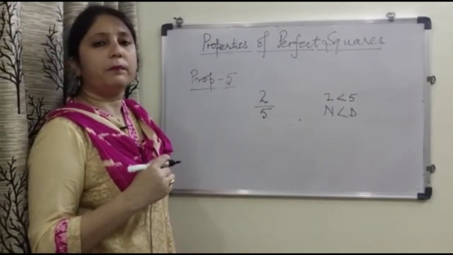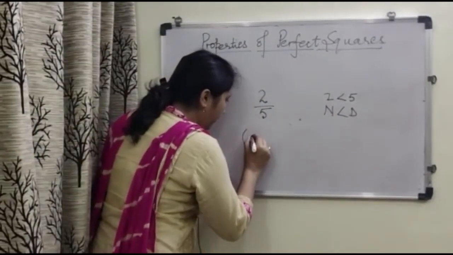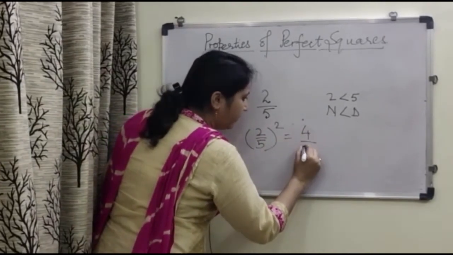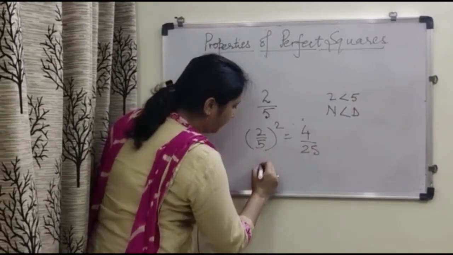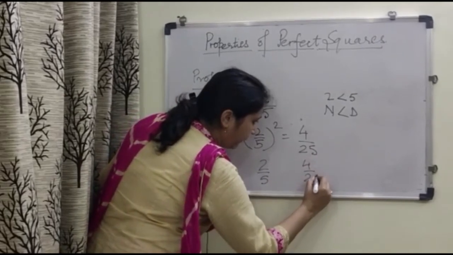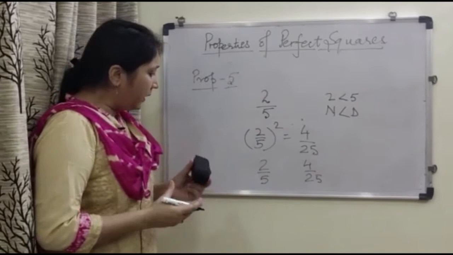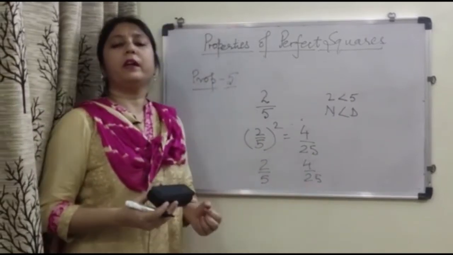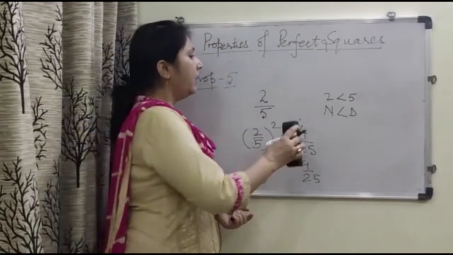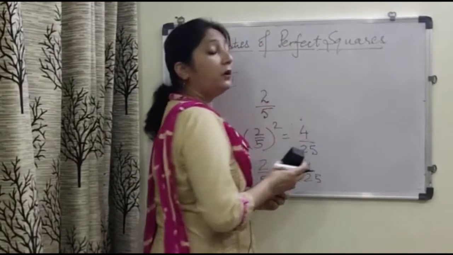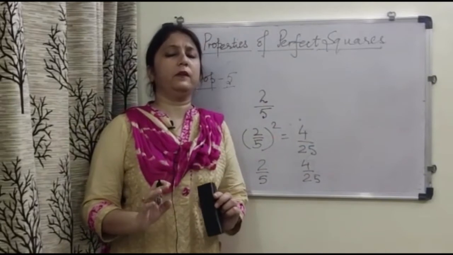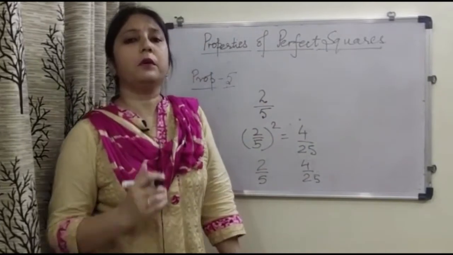Now let's check for the property. The square of 2 by 5 is 4 by 25. Now we have to check which one is greater, 2 by 5 or 4 by 25. In this, we will use the method of cross multiplication. And children, I have to tell you that in the method of cross multiplication, the numerators remain at their places and the denominators cross.